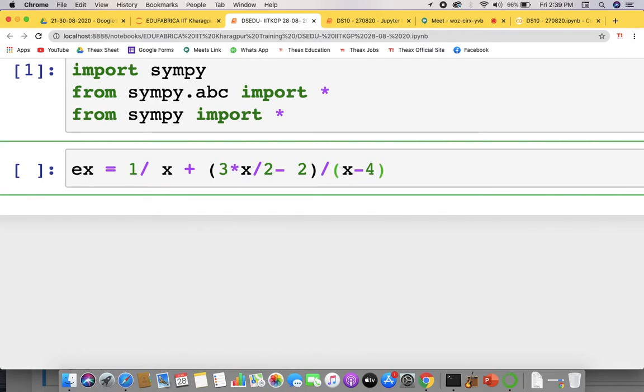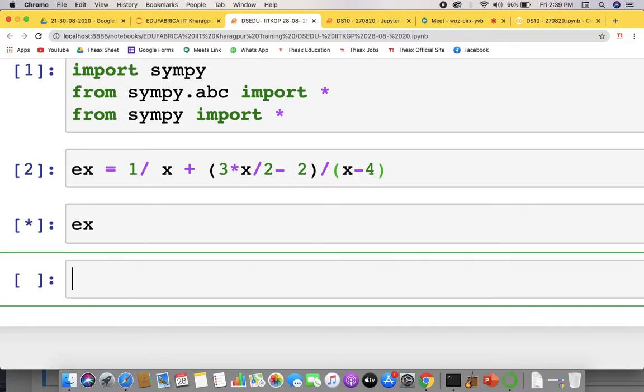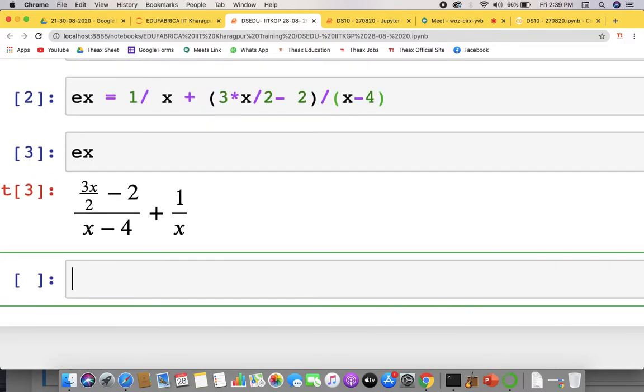So if this is an expression and this comes as 3x minus 2 by x minus 4 plus 1 by x, you could be asked to find the solutions or the roots of this equation. So you have to apply various functions and write up the steps.